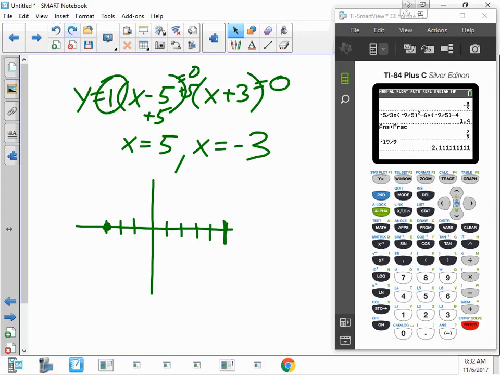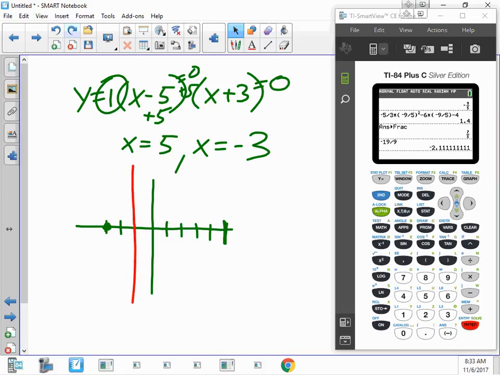How do I know where the axis of symmetry is? Any ideas? We need to figure out where the minimum or the maximum is. In this case, it has a minimum because the parabola opens up. But in order to find that point, I need to figure out where this line goes.